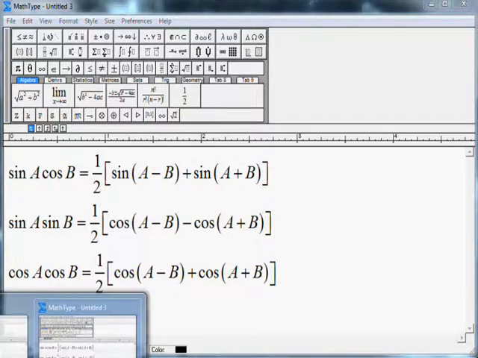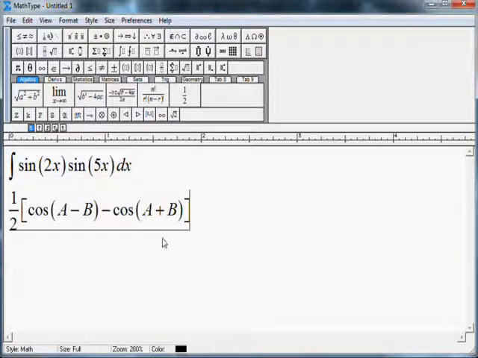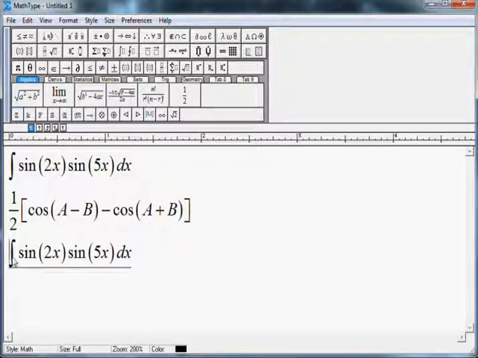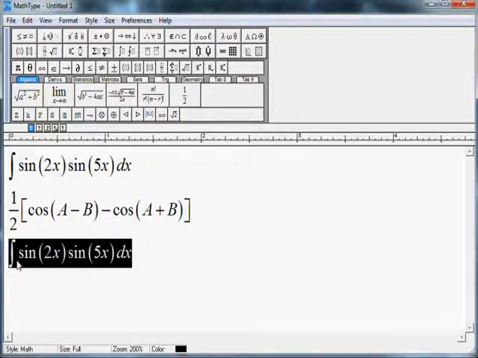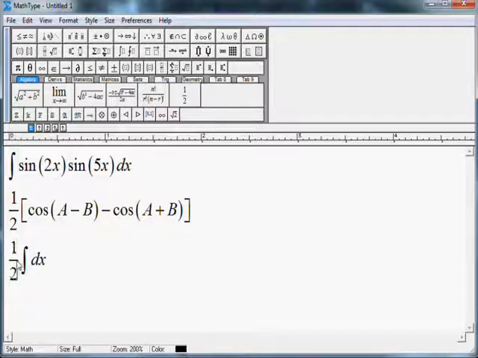I'm going to paste it in next to it. So let's make a direct substitution. We'll type it in right in the integrand. Well, we get the 1/2 out front, and then we get cosine of a minus b. Now a is 2x and b is 5x, and then minus cosine of 2x plus 5x.